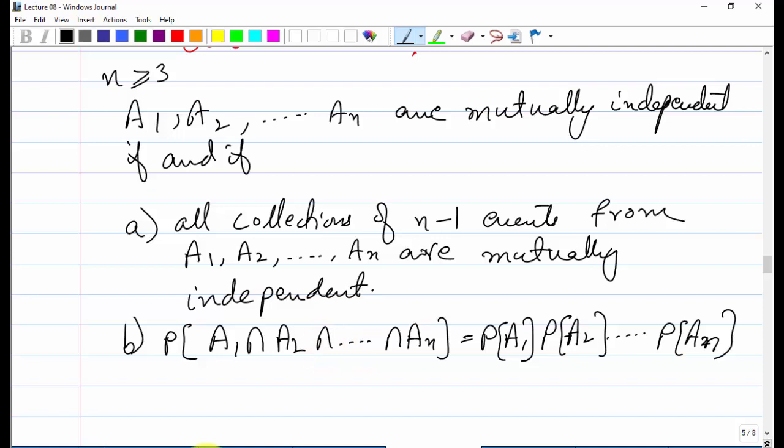So their independence will be very difficult to find. But on the other hand, if we know by some means that we have n independent events and we have to find the probability of any subset of the n events, that will be just a matter of the product of their individual probabilities. So let's solve another example to understand this.